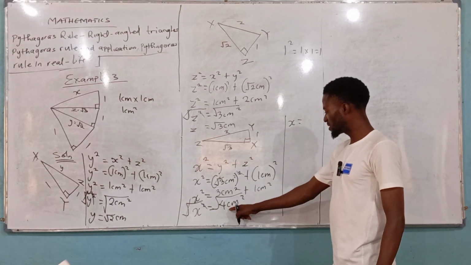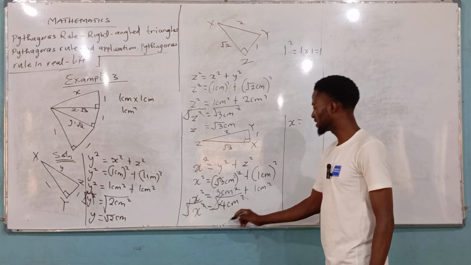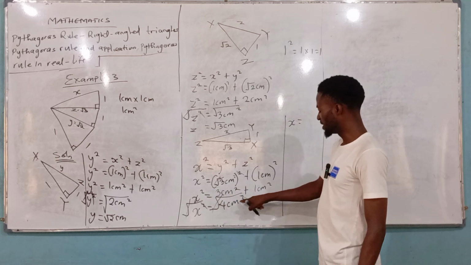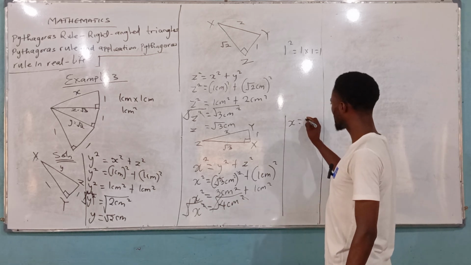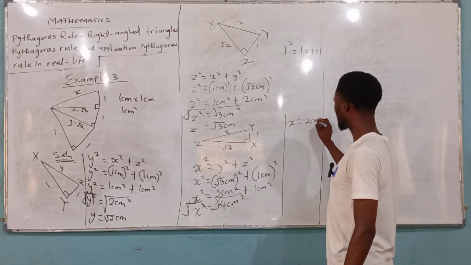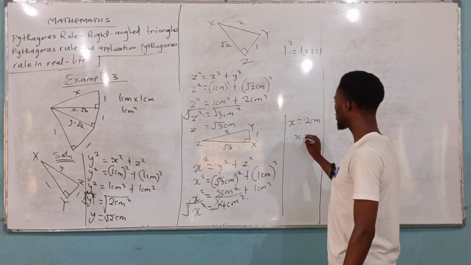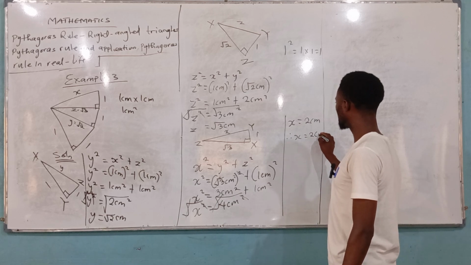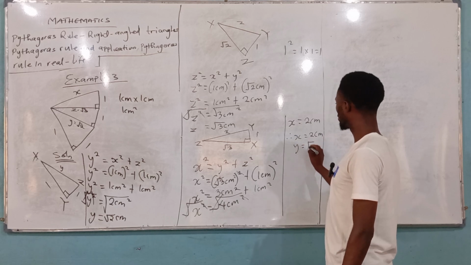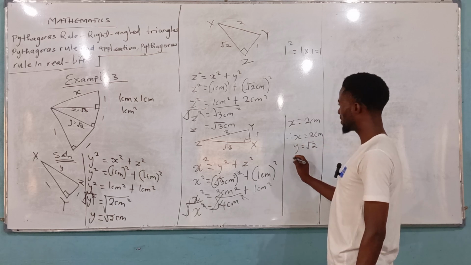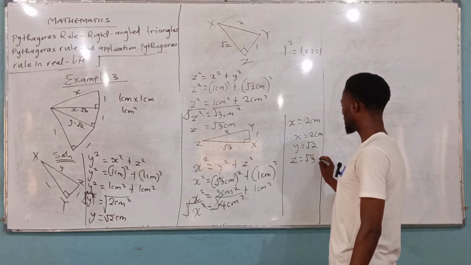So we have 2 centimeter. Therefore x is equal to 2 centimeter, y is equal to root 2, and z is equal to root 3.